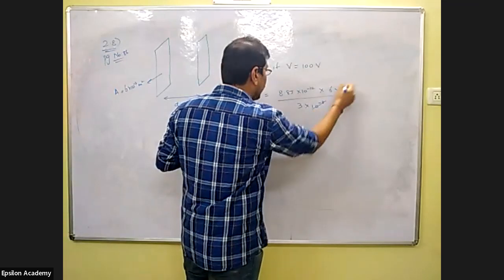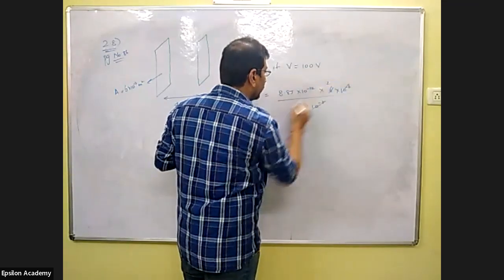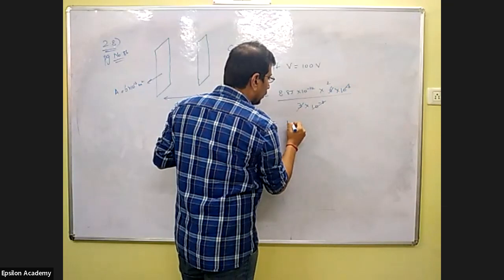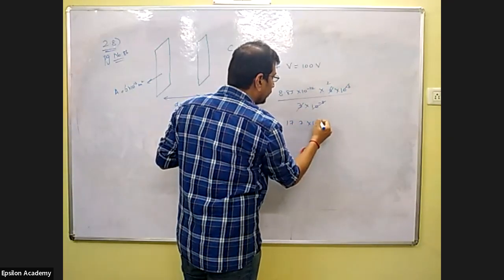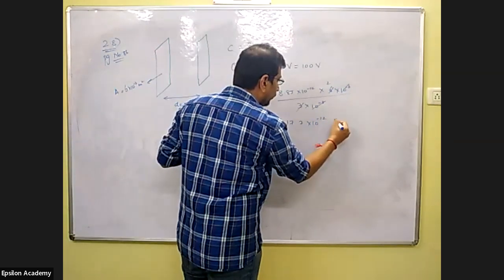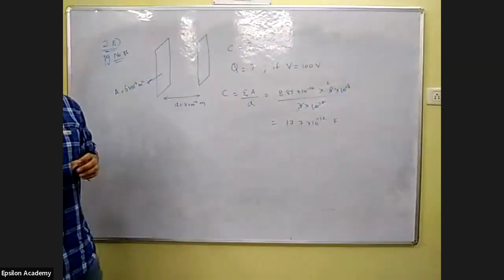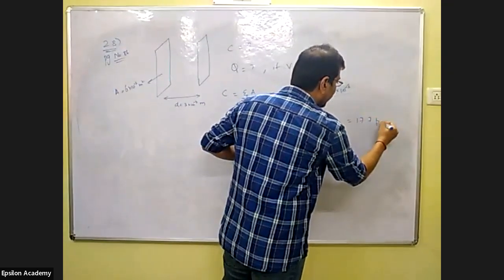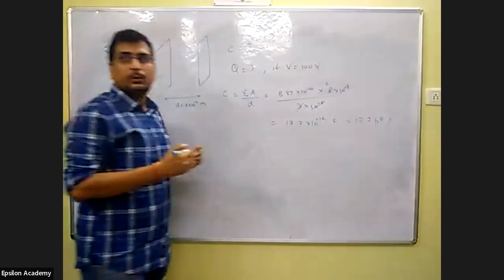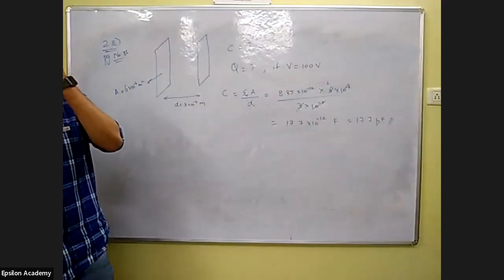The 10 power minus 3 cancels, right? Answer will be 17.7 into 10 power minus 12 farad, or I can write 17.7 picofarad, right? So 17.7 picofarad is also an accepted value.